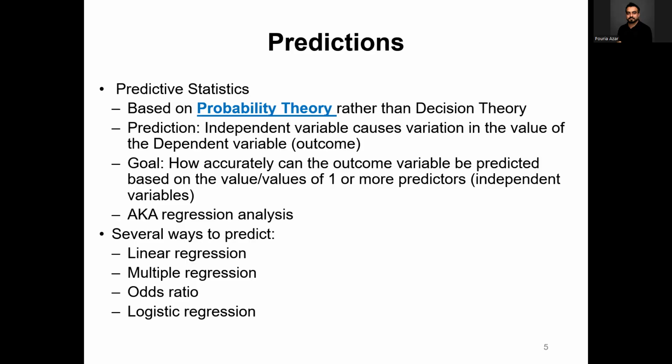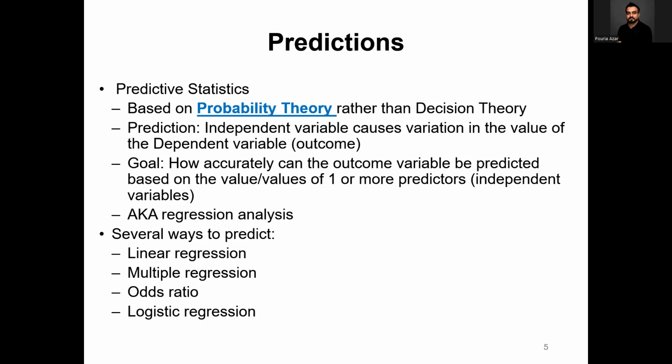This is regression analysis. As I said, there are different types of regression analysis. We have logistic regression. We can use odds ratios. We have different types of regression analysis, but these are not the scope of this class.